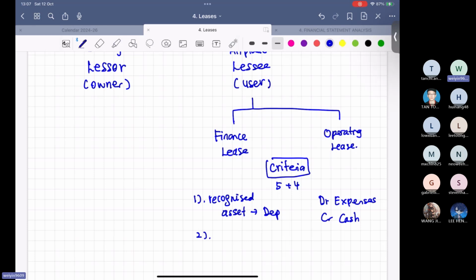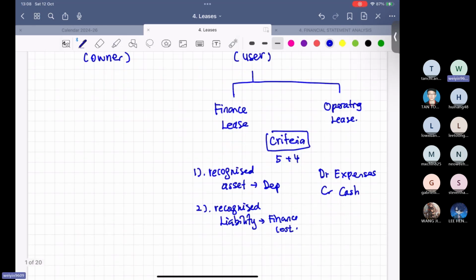So I am already in an agreement that it is my company's obligation to make payments in the next 3 years. Therefore, I need to recognize a liability, and with a liability, we need to look at finance cost. So, criteria to be met. This is for the lessee.